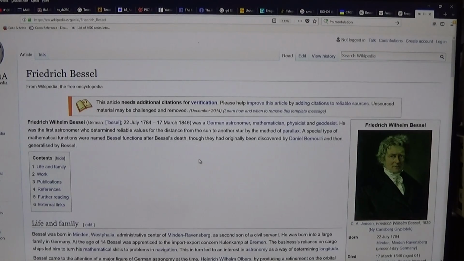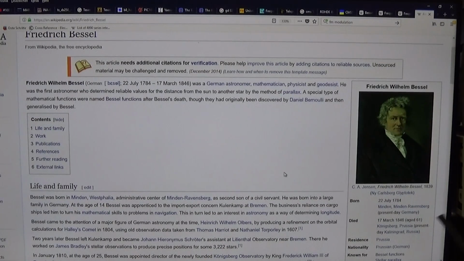And finally, Friedrich Bessel, who lived from 1784 to 1846, he found the Bessel, or so-called the Bessel function, which is a differential function, differential formula, and with the help of this Bessel function we are really able to find the deviation.